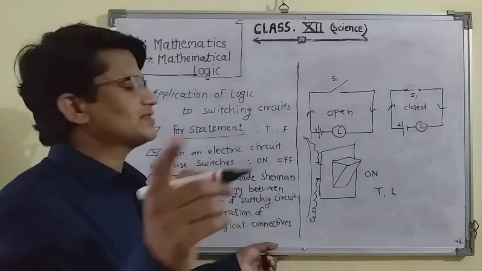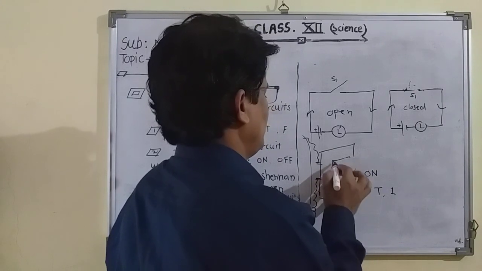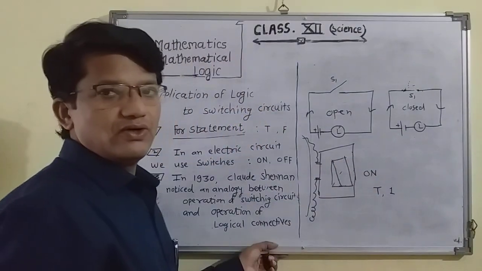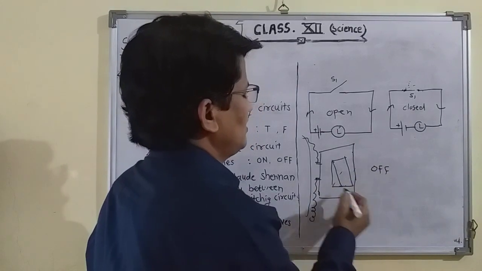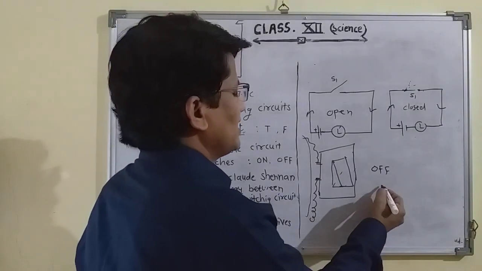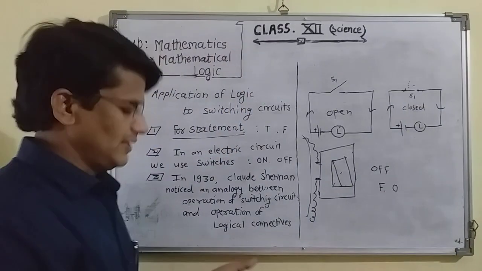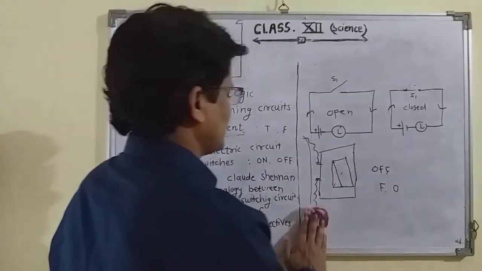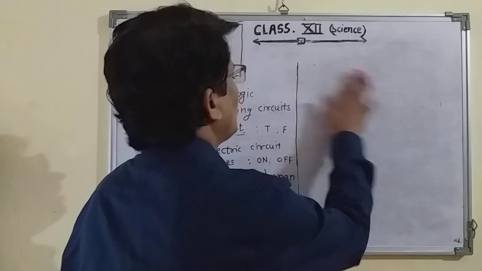And if the switch is closed, I am drawing like this. Now see here, in this condition the switch is in off position. In off position, current does not flow from this point to the other point, and the truth value is F, or here we can take it as 0. So the switch plays an important role, because a switch gives two states, the first state is on, the other is off.